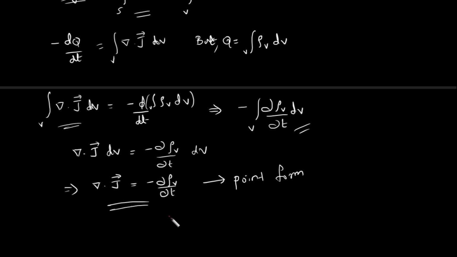Now one more point I'd love to add here. If you're talking about steady current, steady currents are those currents which do not vary with time, meaning it is not a function of time. If it is not a function of time, what is the meaning? This ∂/∂t portion will become 0. Then del dot J becomes 0.